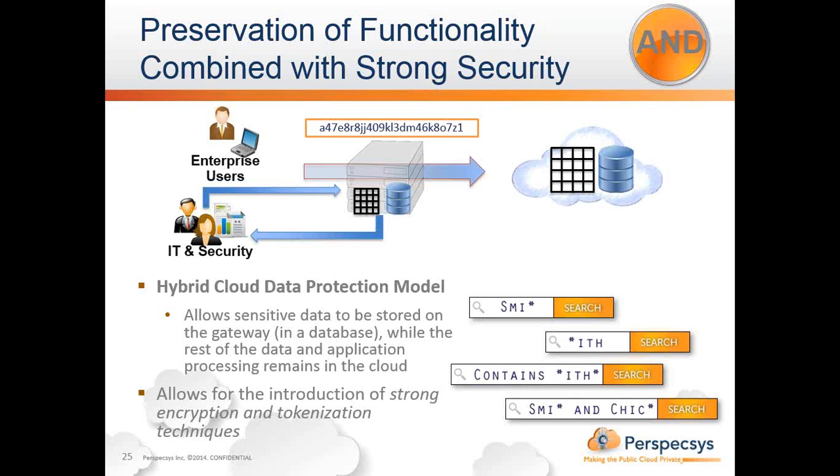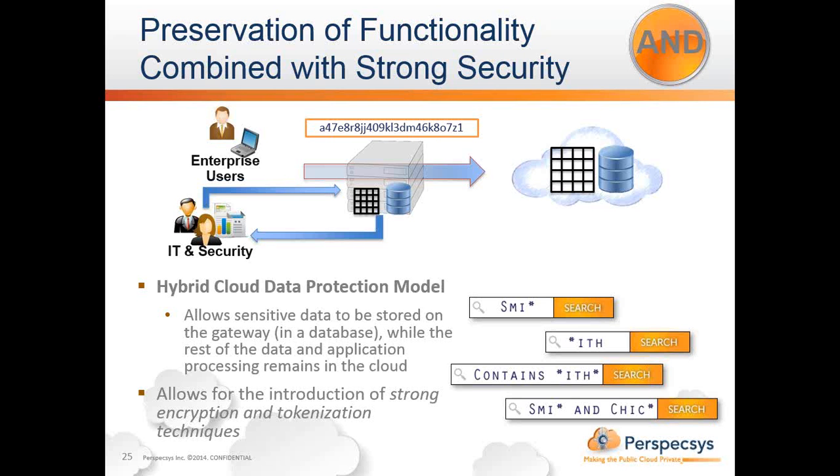So an example would be search. As Ernie mentioned before, search is one of the things that people use day in, day out within their cloud applications. So what Perspecsys has in its gateway is a set of capabilities with indices and database work that allows for more of a hybrid search model across a hybrid cloud data protection approach.